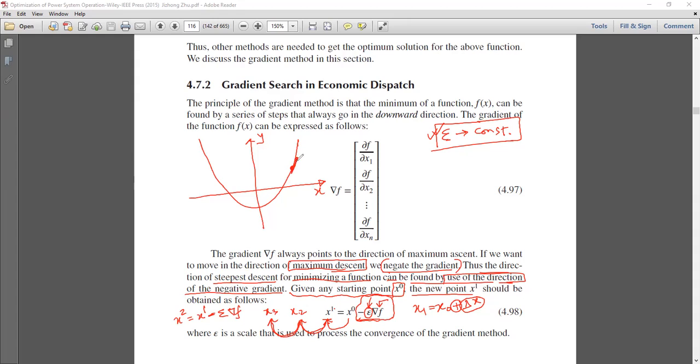So I have to go against the slope. That means I have to come along this direction. Now, what is the slope here? Whatever value of slope is here, that is del f. When I am calculating slope here, is it the same? No. Now, is the slope decreasing or increasing?